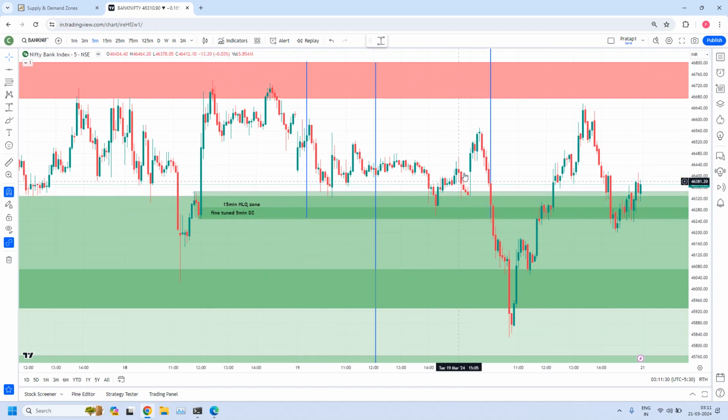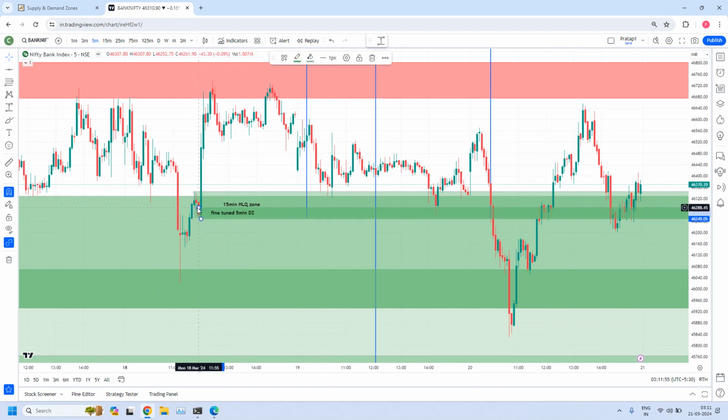We got an entry yesterday and I told you this zone will be violated because it is no more a fresh zone, and institutions did not create any new 5 minute zone inside this area. That is what I told you in our yesterday's video. So this zone is violated.